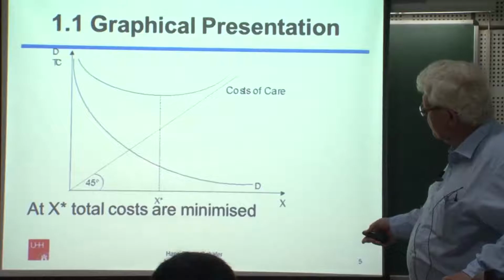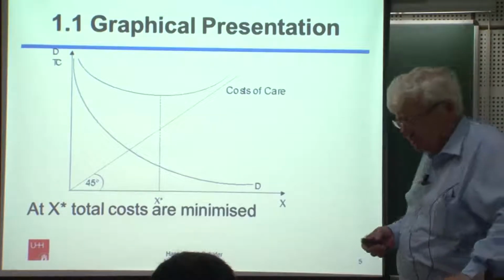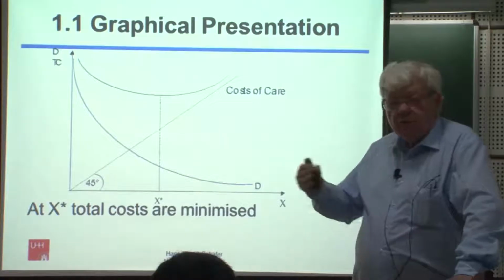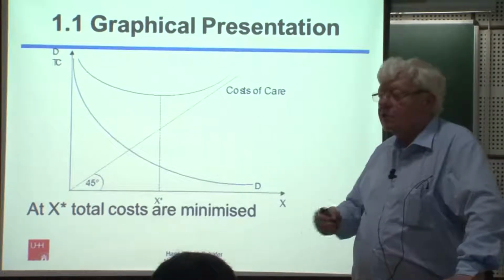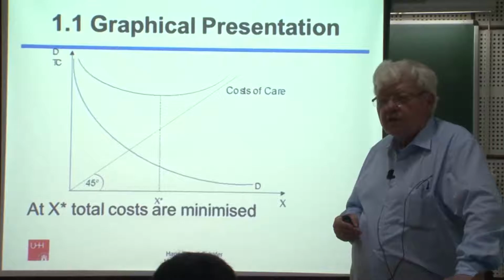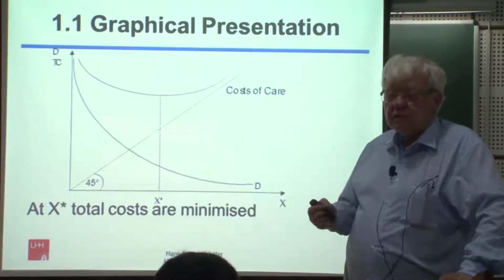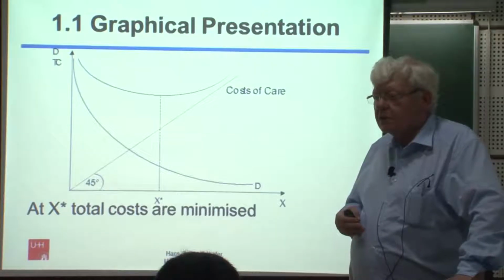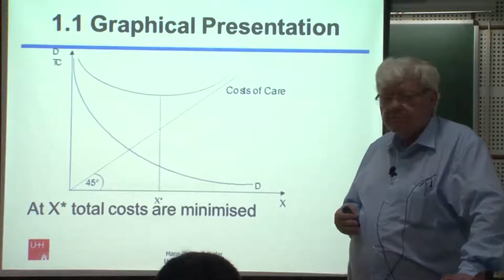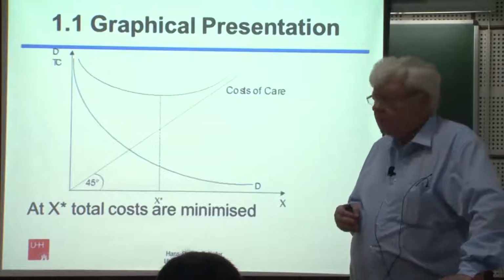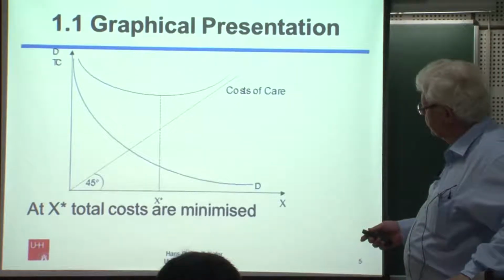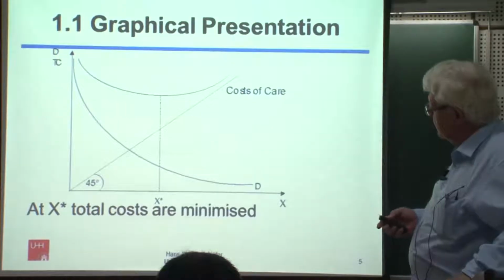Now what this curve tells us here are 2 things. First of all, with more care, the damages go down. So the mathematicians would say, the first derivative of the damage function is negative.